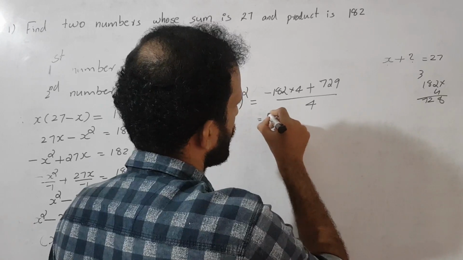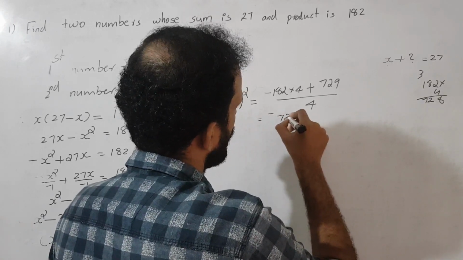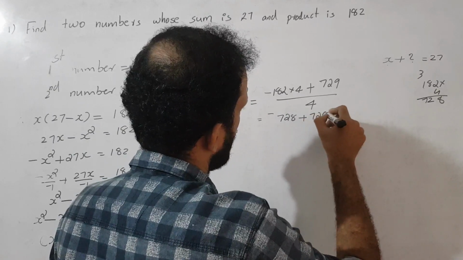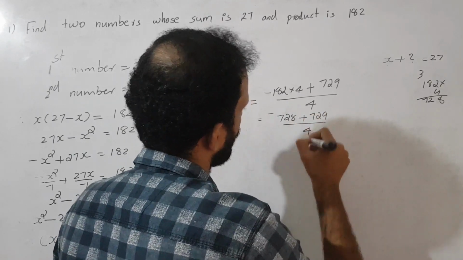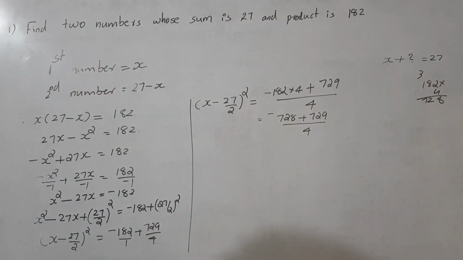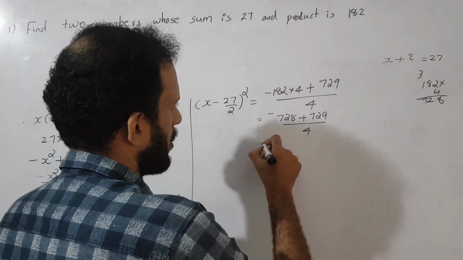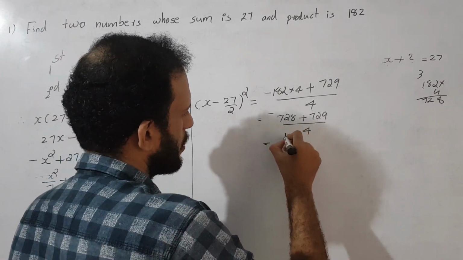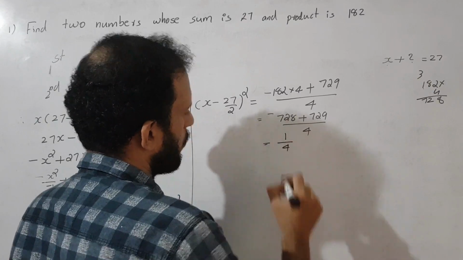So the answer is minus 728 plus 729 by 4. Okay, then minus 728 plus 729 by 4 is equal to what do we get? Minus 728 plus 729 is 1 by 4.